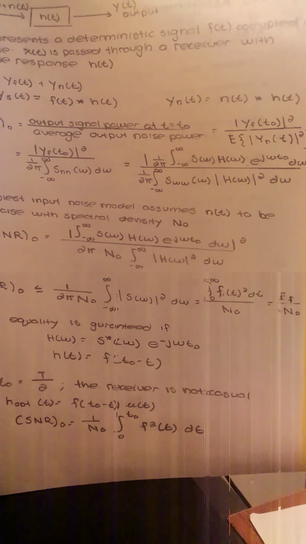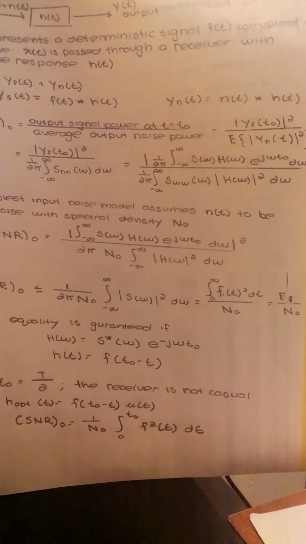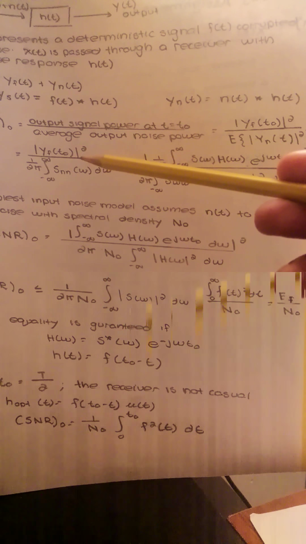The last thing we went over was that the signal to noise ratio was defined as y f of t0 squared divided by the expected value of y n of t squared.